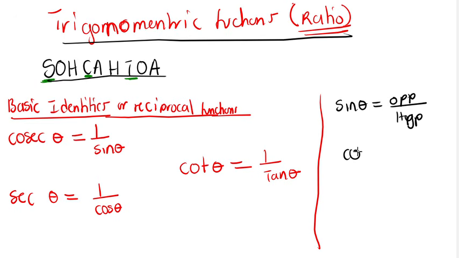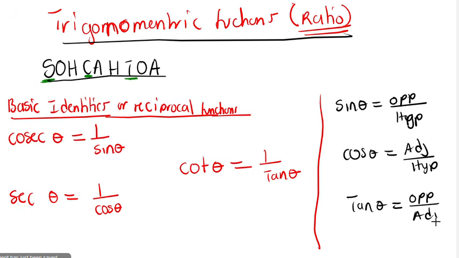Cos theta is adjacent over hypotenuse. Tan theta is opposite over adjacent.